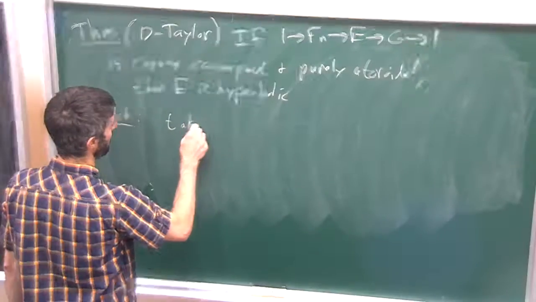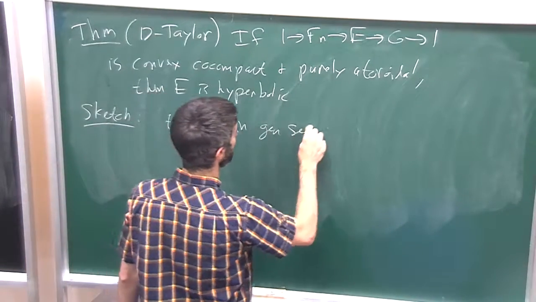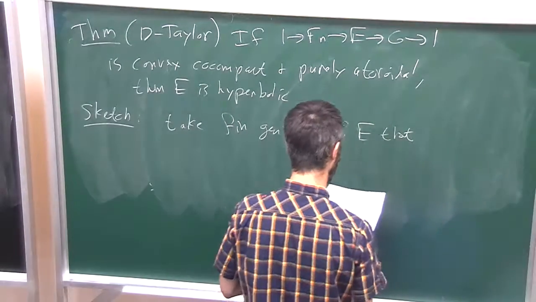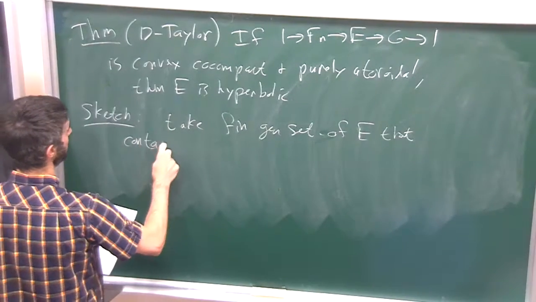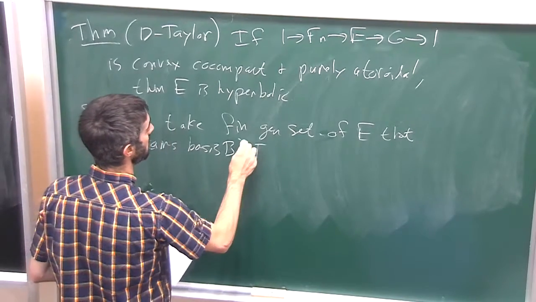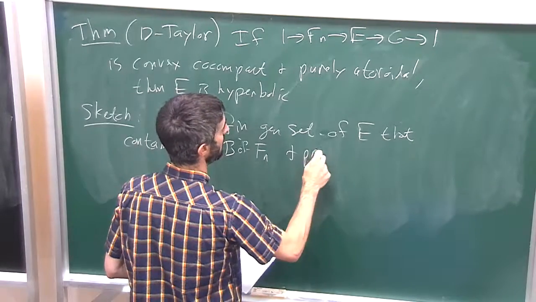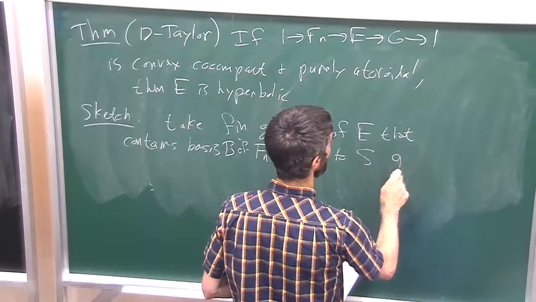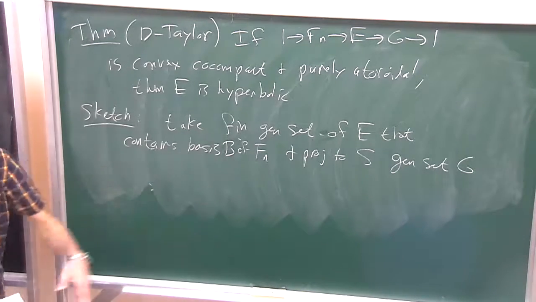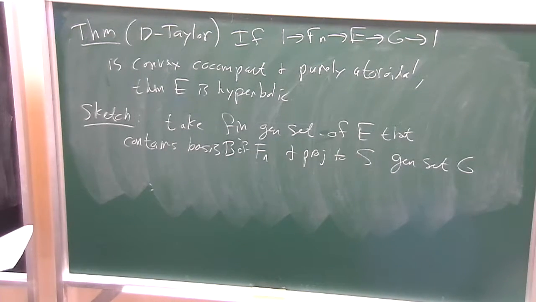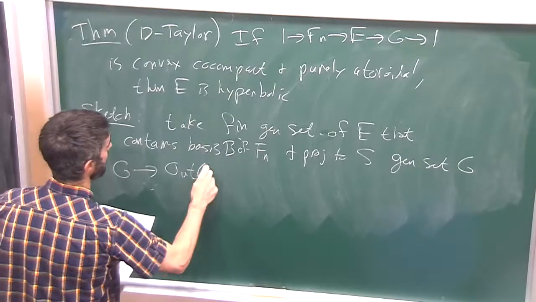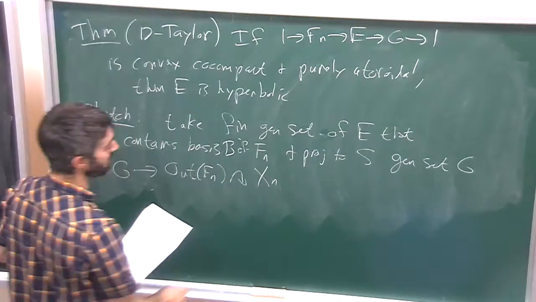So let's, as before, take a finite generating set of E that contains a basis, maybe I'll call the basis B of the free group, and projects to S, a generating set of G. So as before, we get the conjugacy length with respect to our basis in F and the word length in G. Now notice that I have my group G. It goes into Out(Fn), and this acts on outer space.